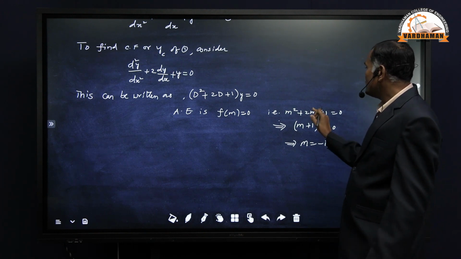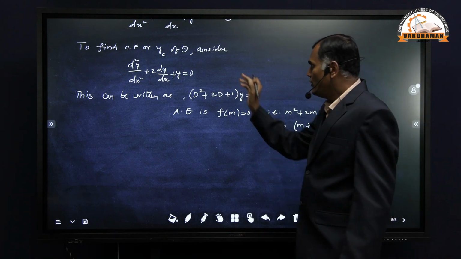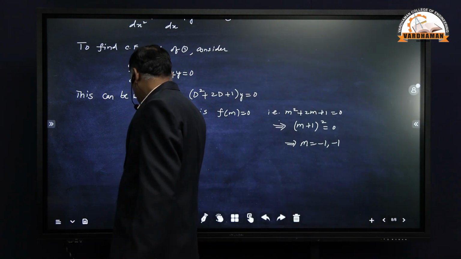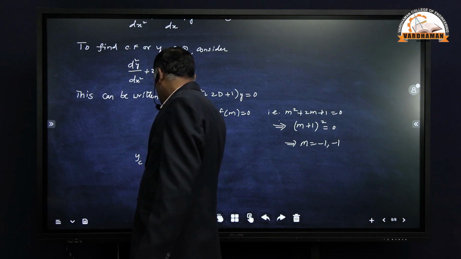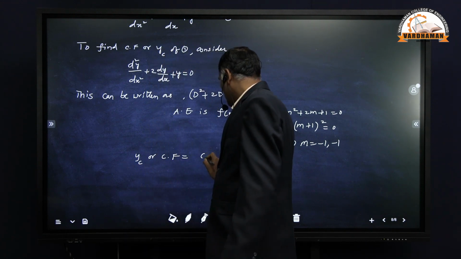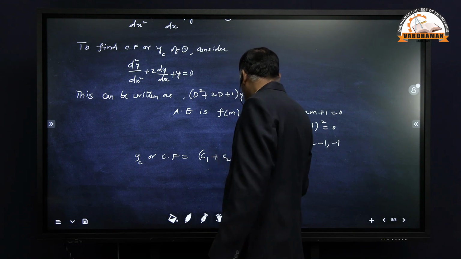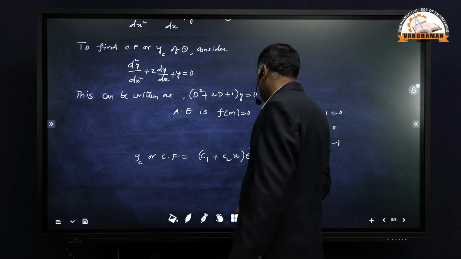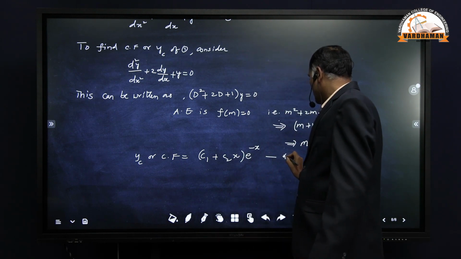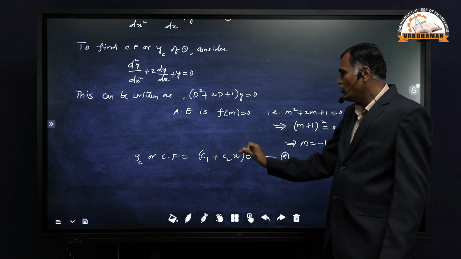These are the roots of this auxiliary equation. Clearly the roots are real and repeated. In this case the complementary function is given by c1 plus c2x times e power minus x, where c1 and c2 are arbitrary constants.